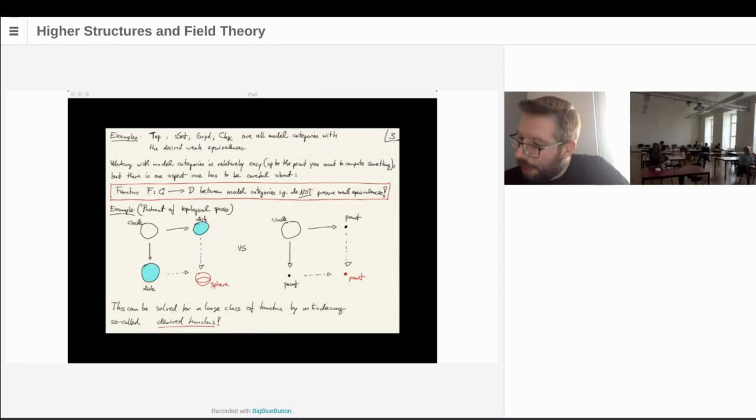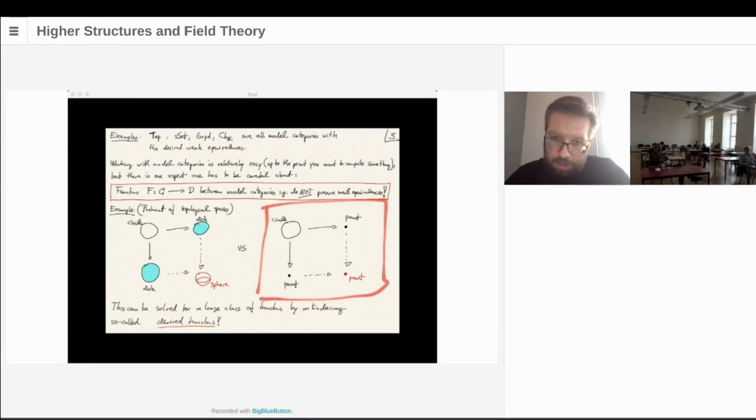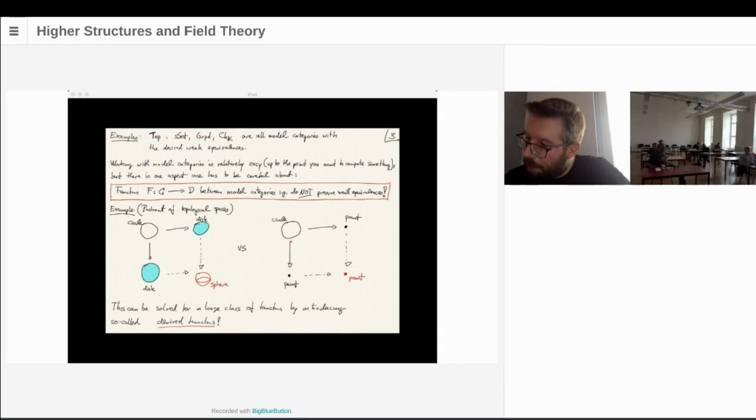But after I shrink the disk to a point, this map from the circle to the point is far away from being nicely injective. So when I would like to compute the derived pushout, which is called the homotopy pushout of this diagram, how would I compute it? I would fatten up the point in such a way that these arrows here are cofibrations, are nicely injective. And the way to do it is I expand the point to the disk.